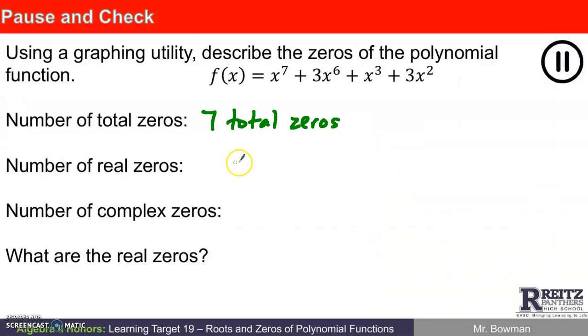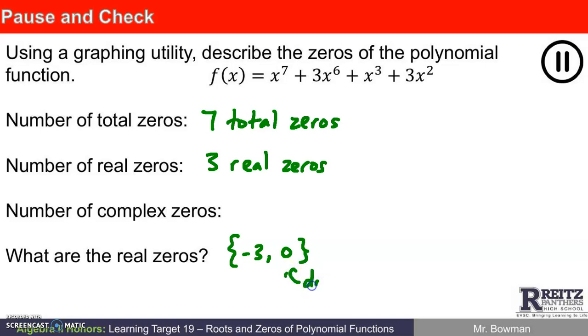There's only 3 real zeros. Maybe we should go ahead and list those. We had -3, and we had 0, which was a double zero. So if there are 3 real zeros and 7 total, how many are complex? It's 4. There are 4 complex zeros in this function.